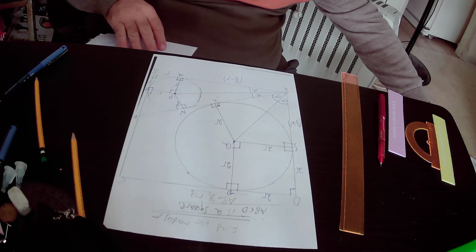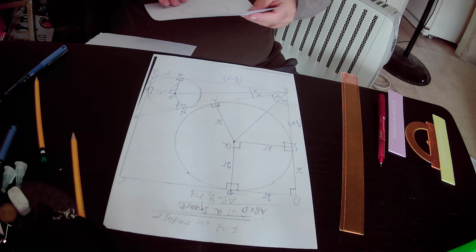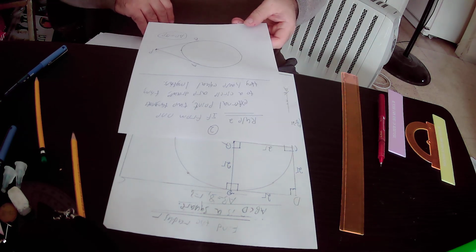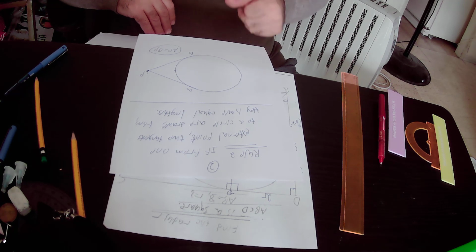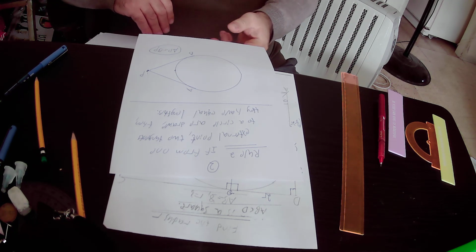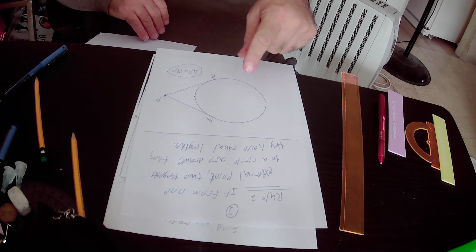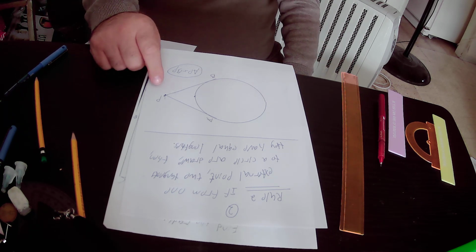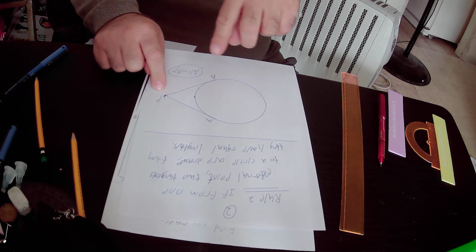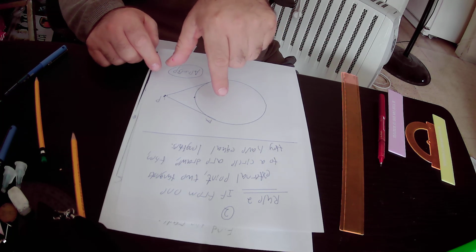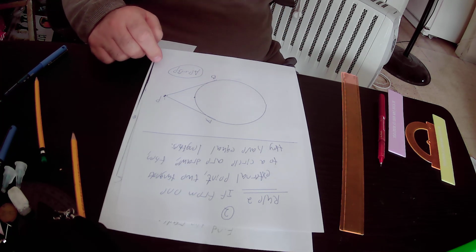And we also have rule number 2. Rule number 2 states that if from one external point two tangents to a circle are drawn, then they have equal lengths. Here we have this circle, and from external point P we drew two tangents to this circle, tangent PA and tangent PB.